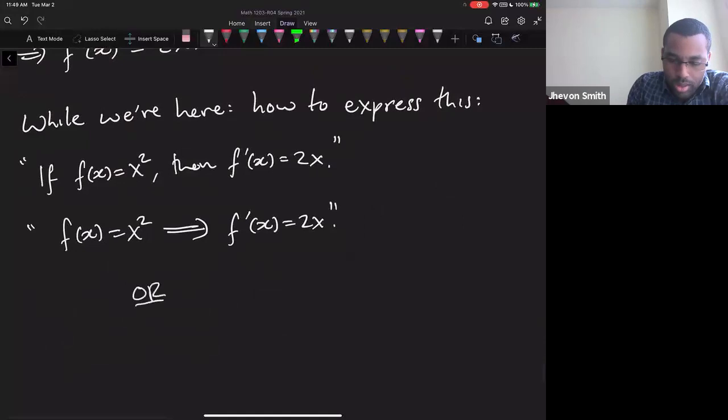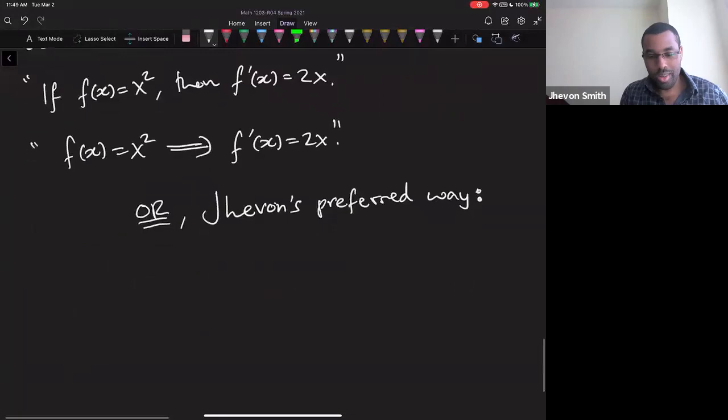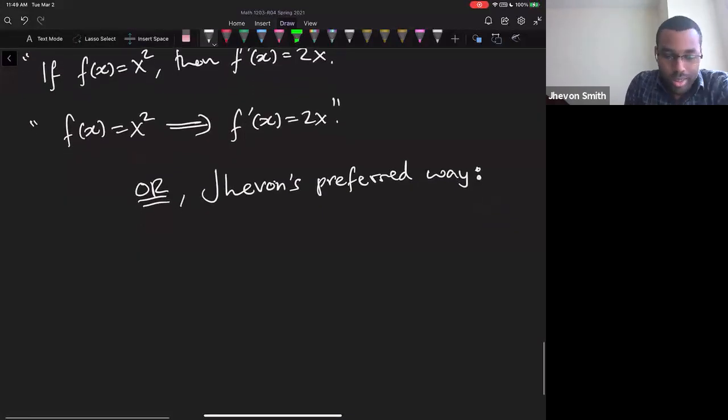Or Jhevon's preferred way. You can actually use the Leibniz notation and write it out.